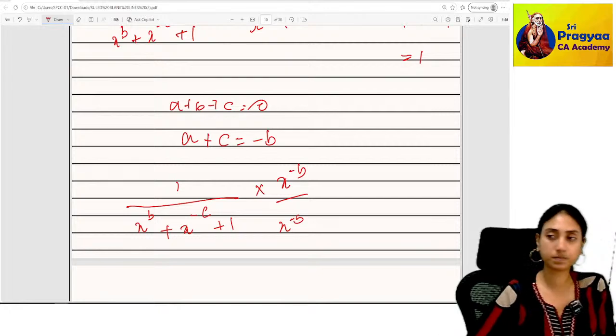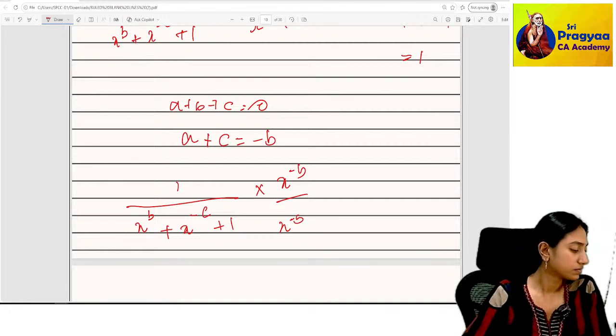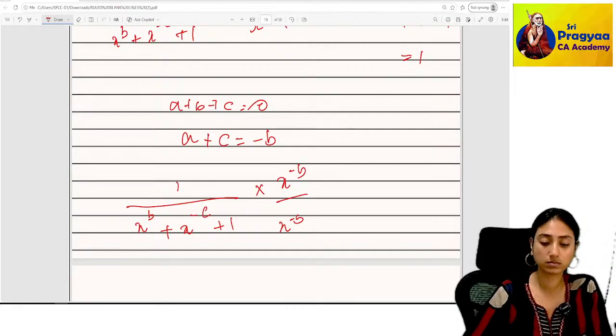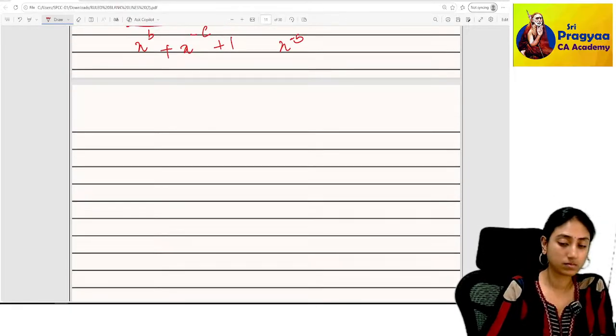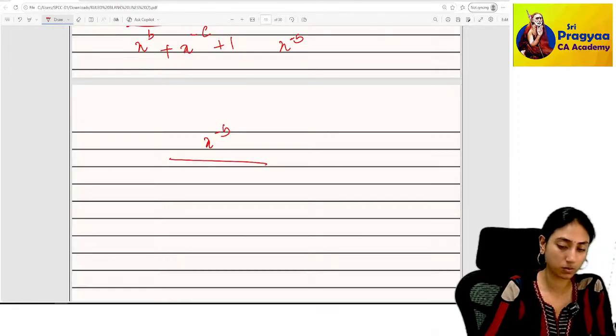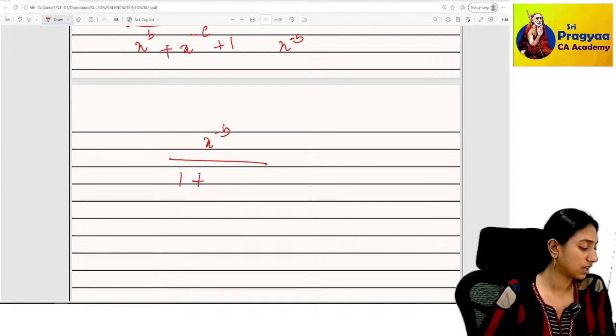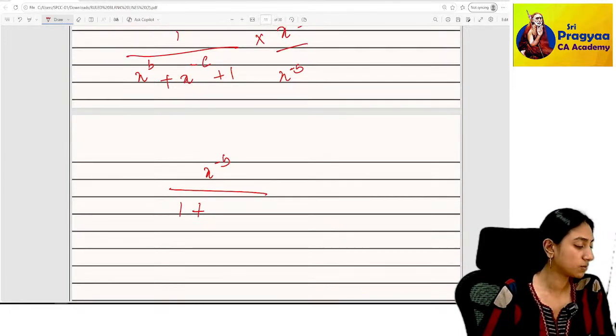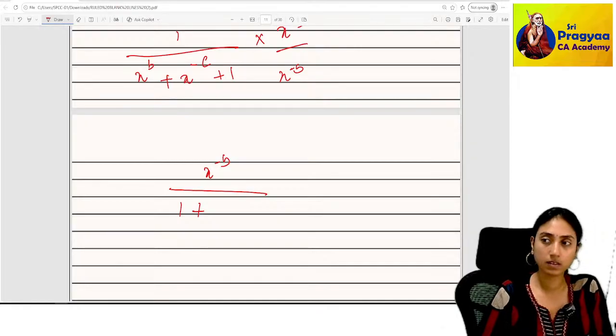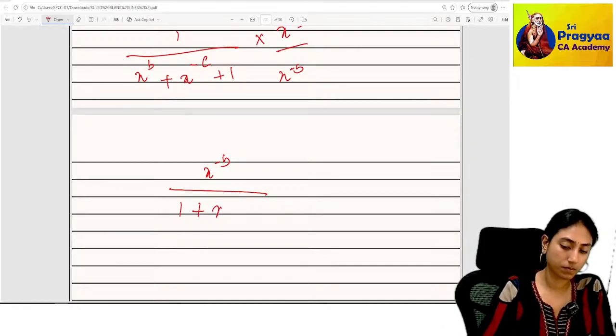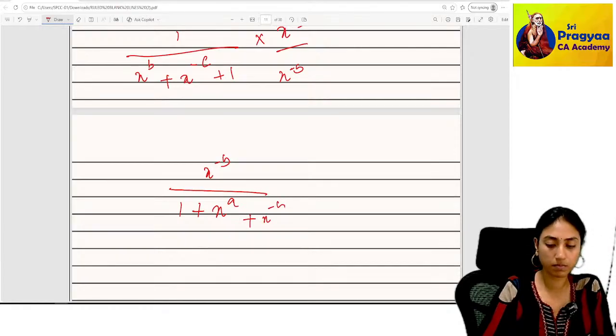No, x power minus b divided by 1 plus minus, which will become this.